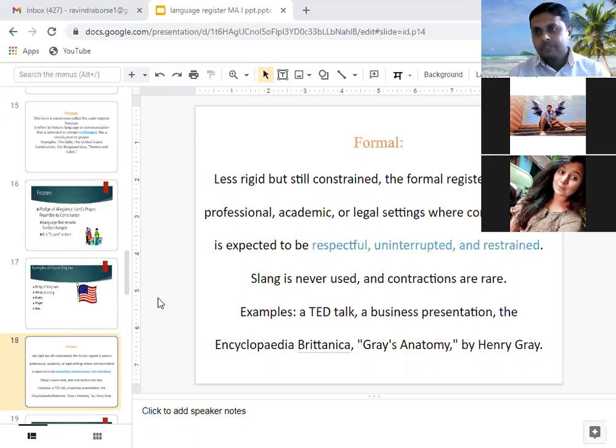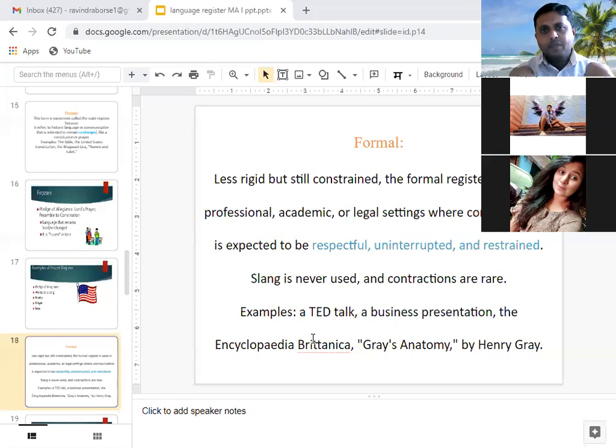So formal, right? When you go to the tailor, formal. Respected teacher, formal. Like that. Doctor, formal. Right? Business presentation, formal. Oral test, formal. Right?